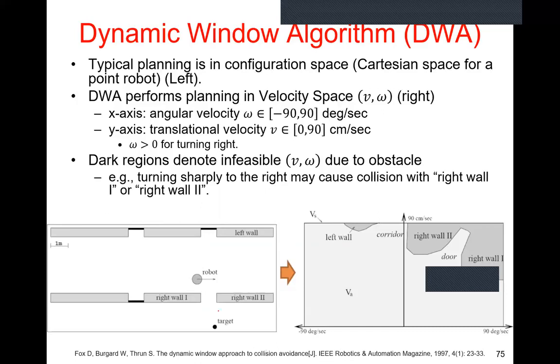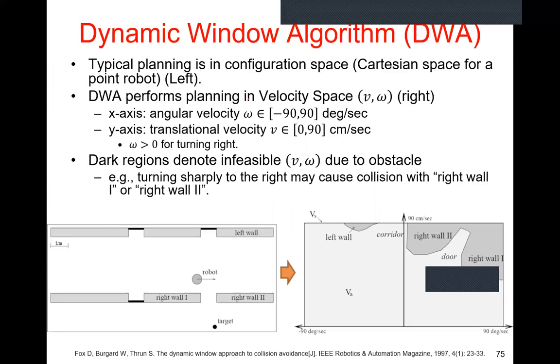So the traditional planning is in configuration space. If we have a point robot, it's Cartesian space. But DWA performs planning in the velocity space, that is, the angular velocity and translational velocity.